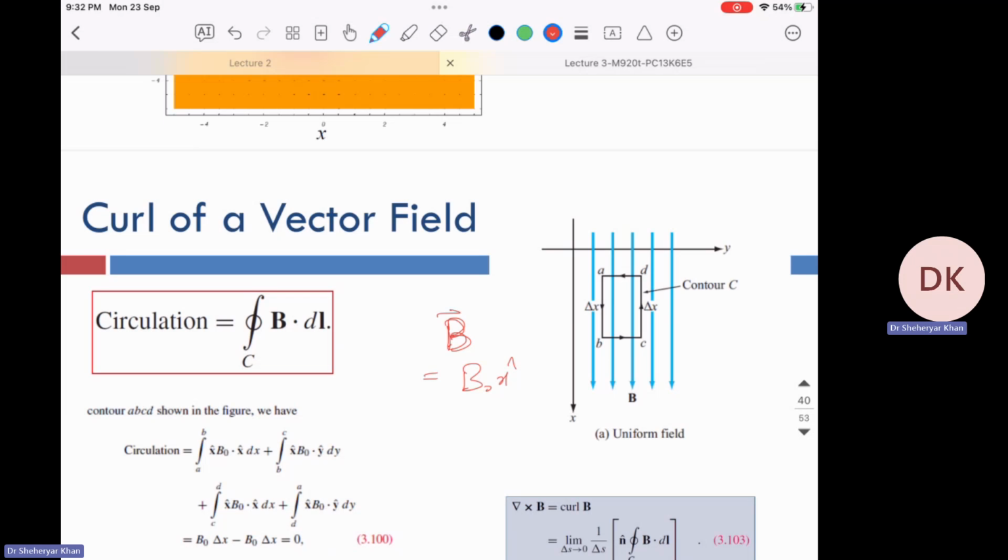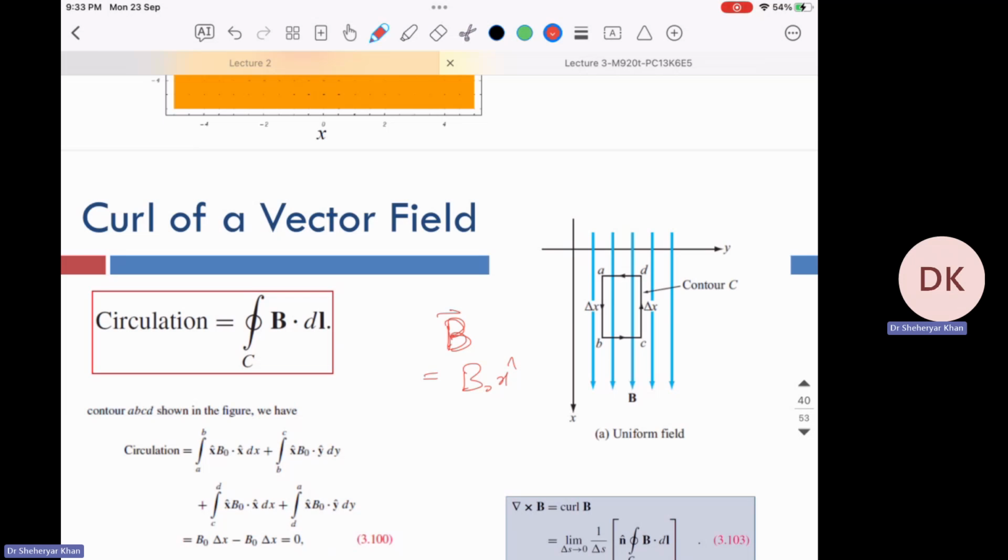What about B to C? Now the magnetic field is along the x direction, but the length is along the y direction. Correct? See, this is y, right? This length is along the y direction. Look at CD. CD is again the same, B naught x dx.